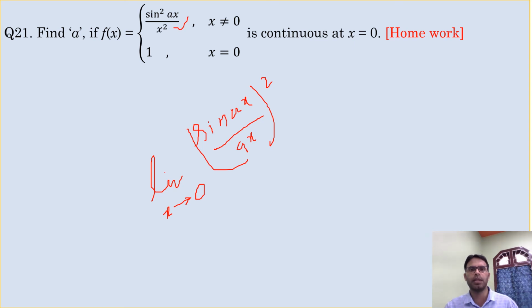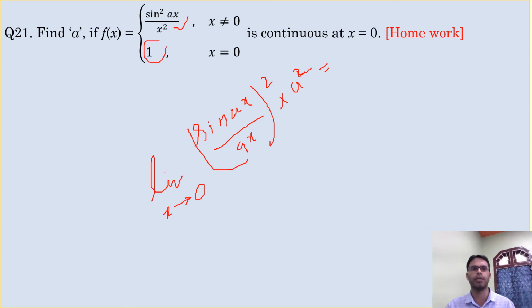And we take this a for the formula, and one extra term is there, a square. This a square is the extra term. So you should multiply by that a square. This is a square, and that is equal to the function value.